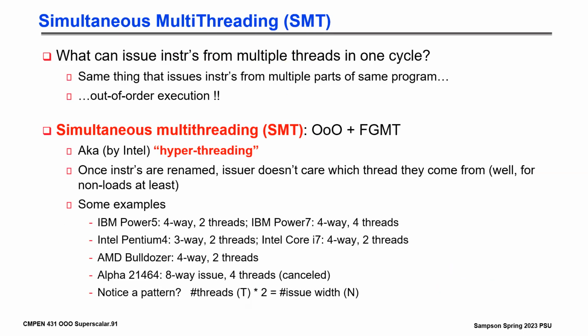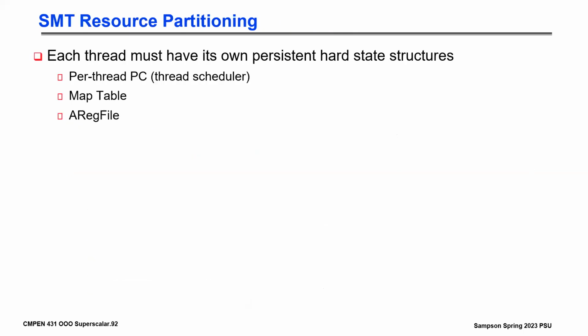Now, it turns out there are a lot of ways you can do this. We'll walk over some of the design choices. Some things you have to do, some things are up to you how you want to play it. As with any flavor of multi-threading, some things you just need its own. Every thread has to have its own PC. No PC, no sequencer.